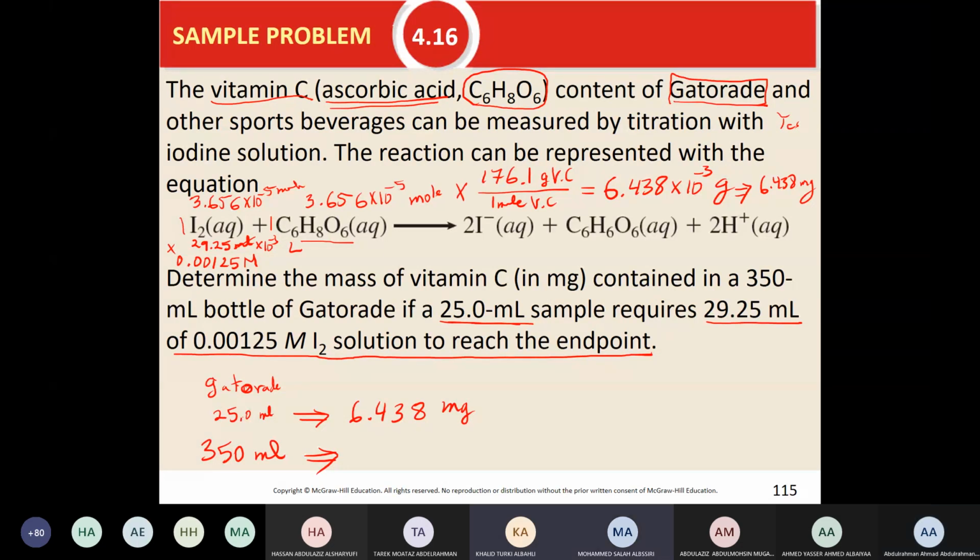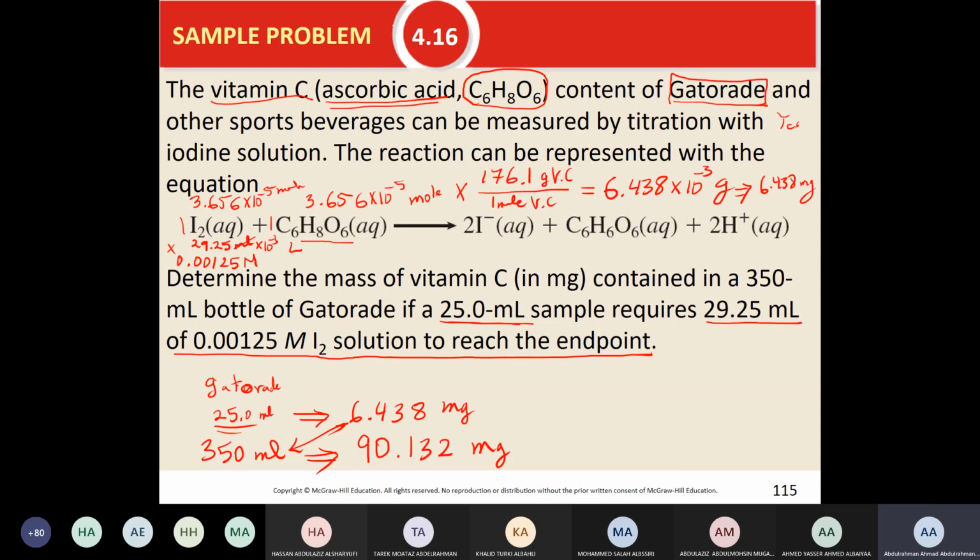It will be 90.132 milligram. Of course, what you did, you multiply this by 350 and divide by 25. It's as simple as that.